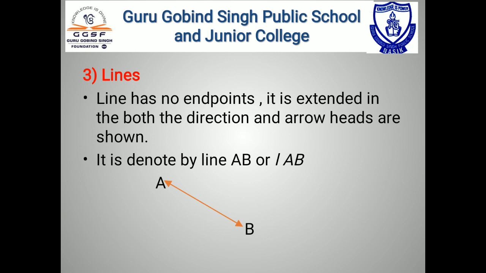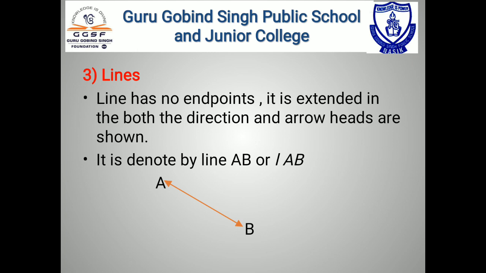Third, lines. Lines has no endpoints. Now, no endpoint means it is extended in both the direction. Now, how we can identify it is extended or not? The arrowheads are shown on the line. The arrowheads tells us that the line can be extended in both the direction.